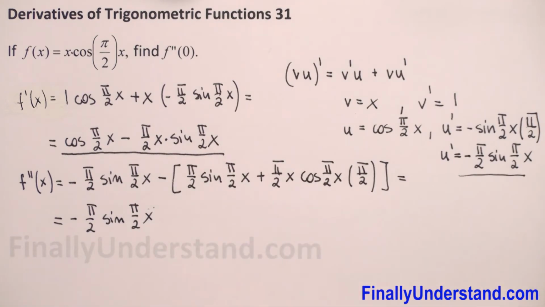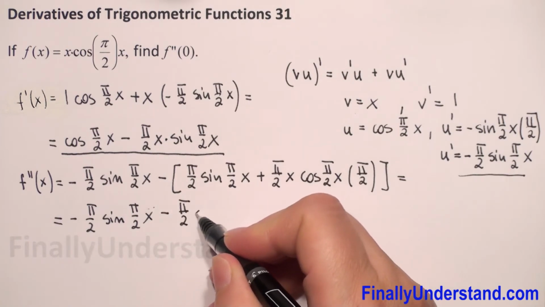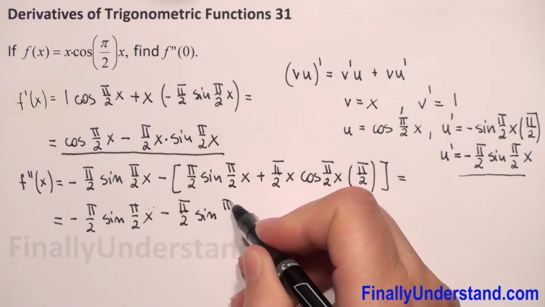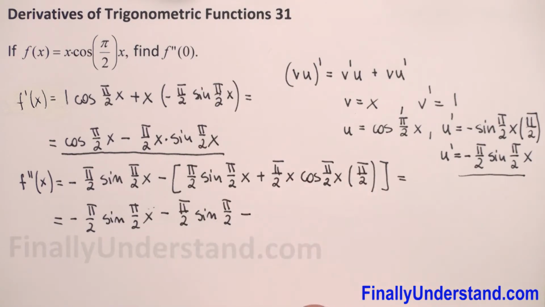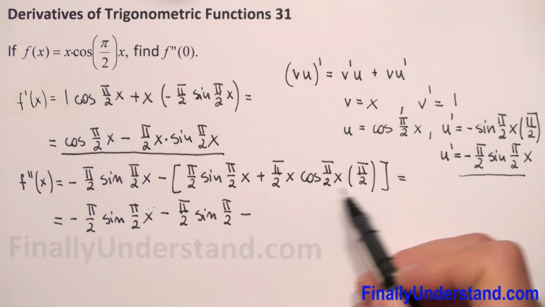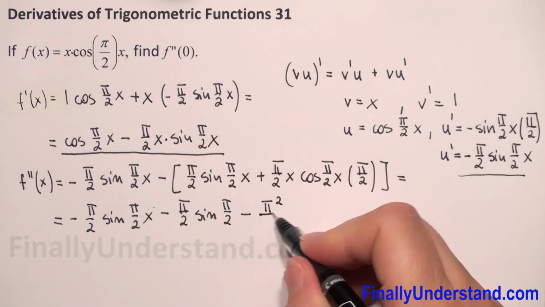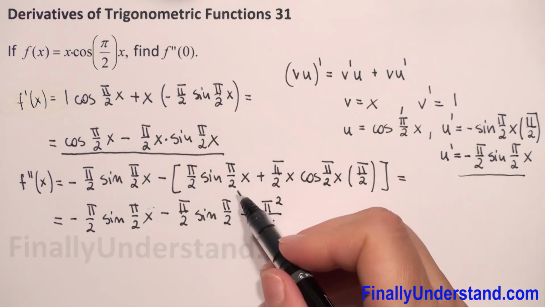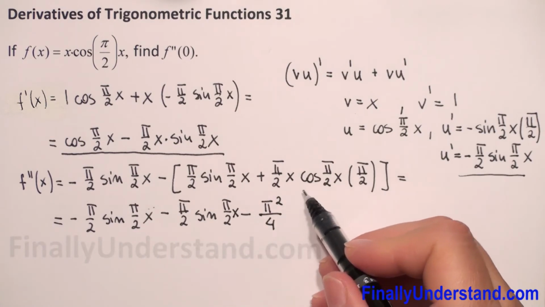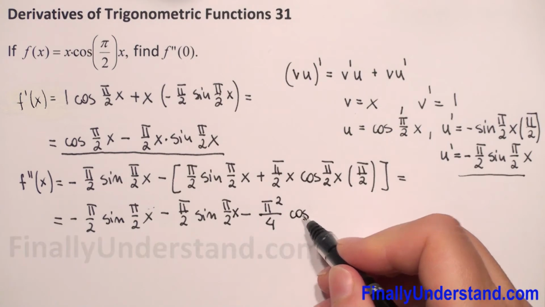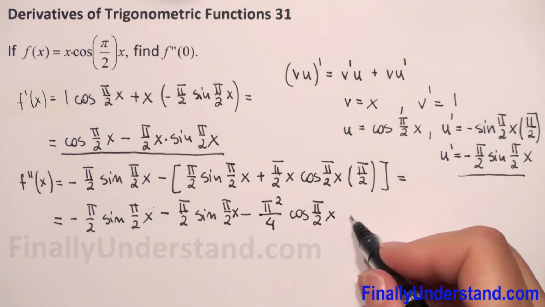It means we have to change the sign. It will be negative pi over 2 sine of pi over 2x, and negative times positive is negative. We have pi over 2 times pi over 2, so it will be pi squared over 4, and I forgot to put x. So we have now cosine of pi over 2x.